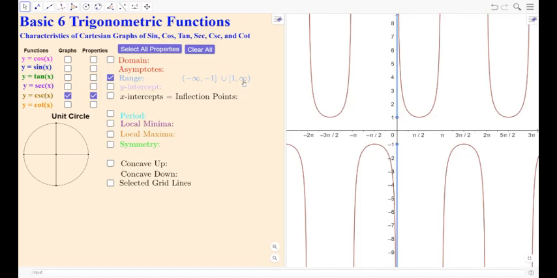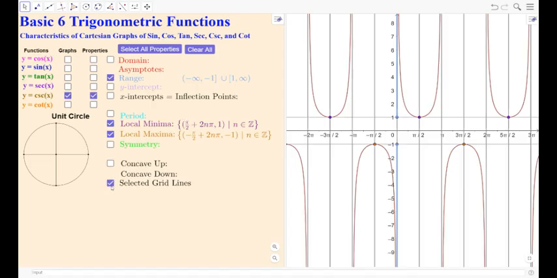So notice you can't include infinity or negative infinity, so it has to be a parenthesis there, but we do include negative 1 and 1. These values right here have y's of 1 or negative 1, so that is included. Again, maybe we can turn the grid lines on if we want. We can turn these off or on as needed.